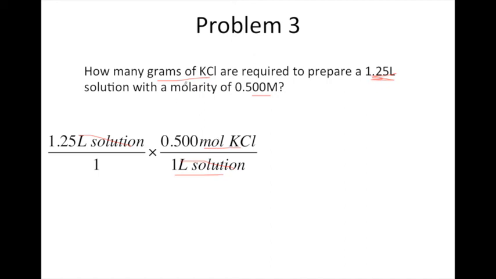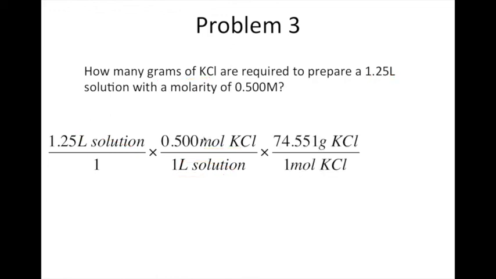Now, this is not the end of the problem. I'm asked how many grams. We know that when you're given moles and asked to convert that to grams, we use the molar mass. So now I can take the molar mass of potassium chloride, which is 74.551 grams per 1 mole. I want moles on the bottom, so my liters of solution cancel.